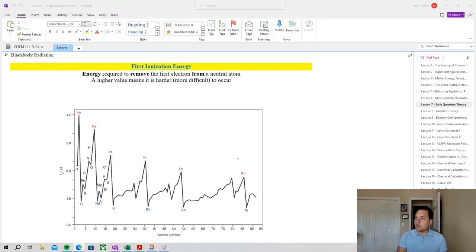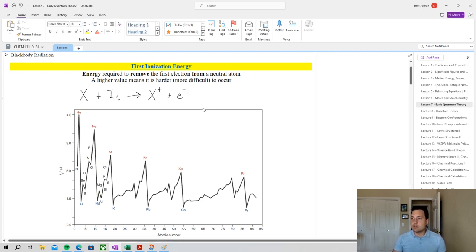So when we think of ionization energy, we can think of a general formula that represents this. This would be important for us to know how to do. If I have an element with the symbol X, and I add energy, I can result in the removal of an electron and the production of a positively charged atom. That's how you would write a general formula for an ionization energy.